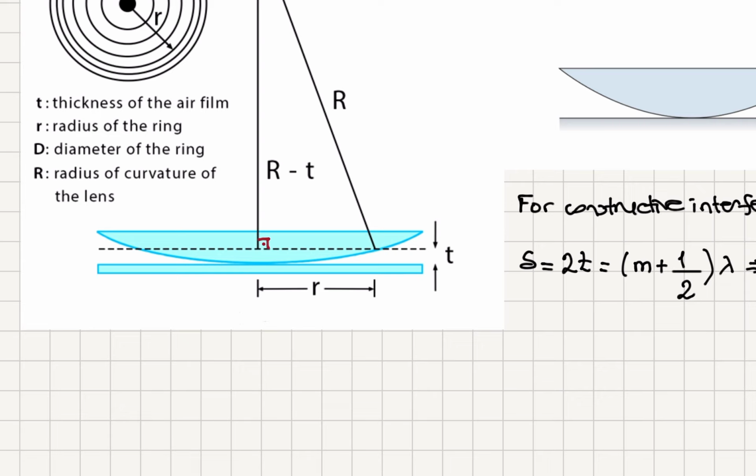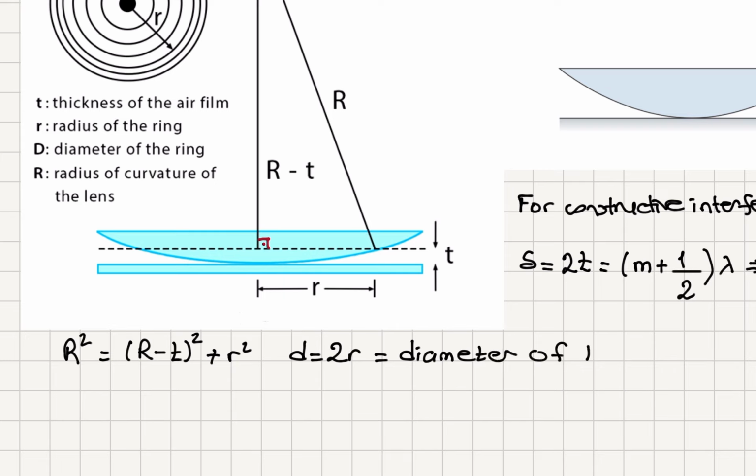From this right triangle, the hypotenuse capital R squared is equal to (capital R minus t) squared plus the radius of the Newton ring squared. And the diameter of the ring that I will be measuring is 2r.